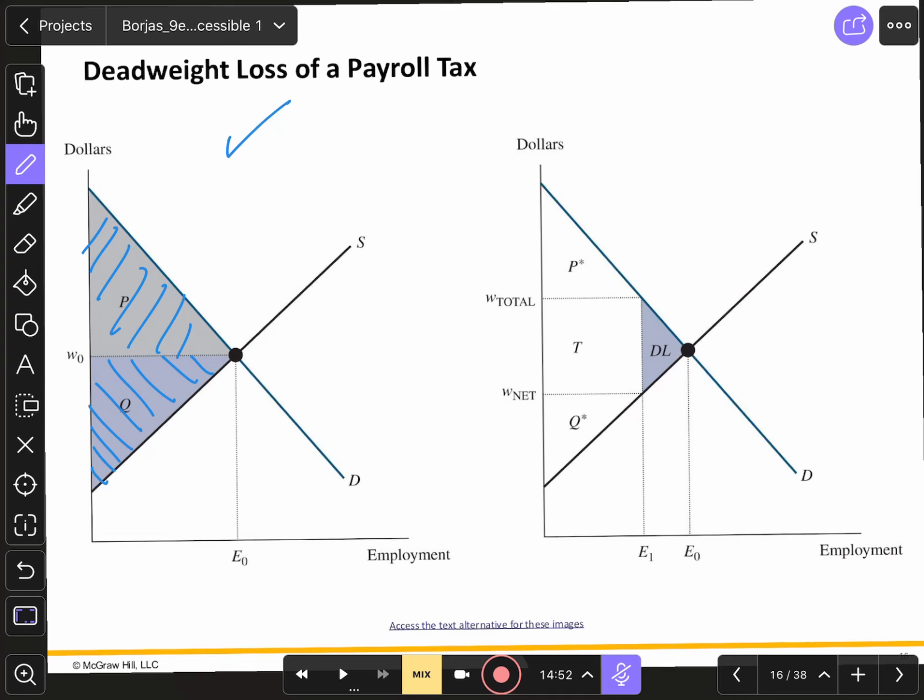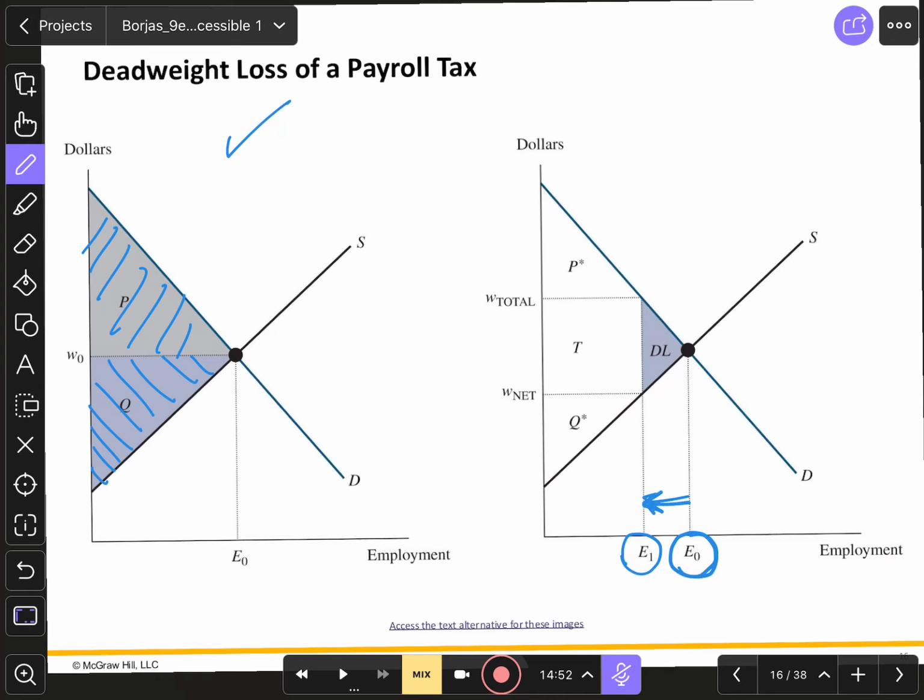Now let's talk about a tax. Whenever we have a tax, as we discussed in the previous graphs, there is a drop from E0 to E1. Employment drops. Also, we said that wage now has two types.